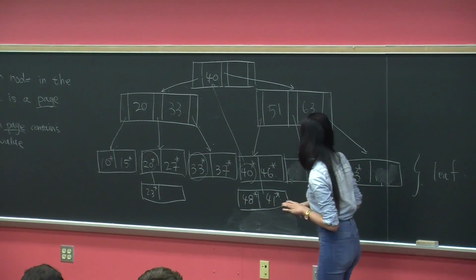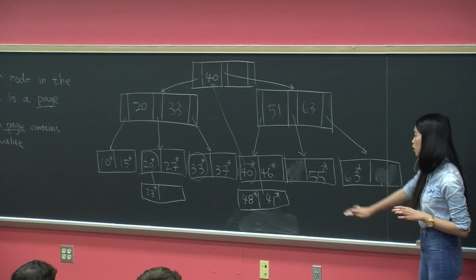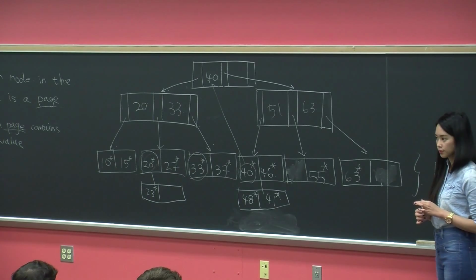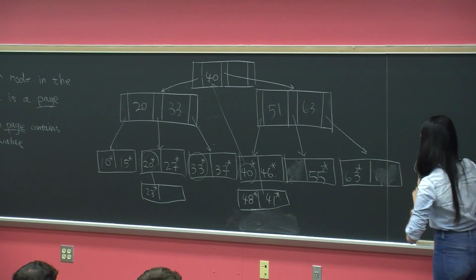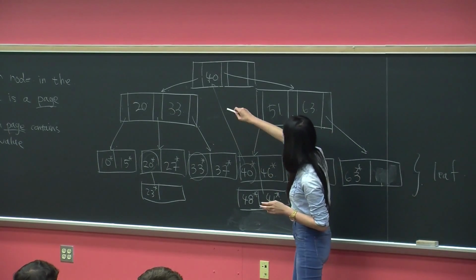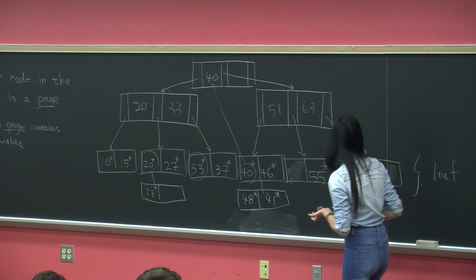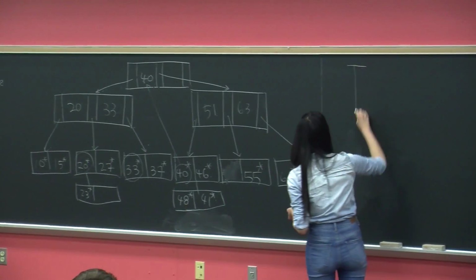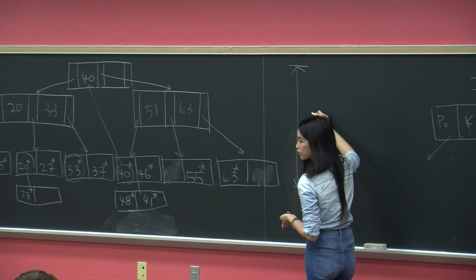So what do you think will be the cost of going from top to bottom if we ignore the overflow pages in this example? Ignore the overflow pages? 2, right? So from top to bottom, the most we need to travel is just 2, right? So we call that the height of the tree, okay?